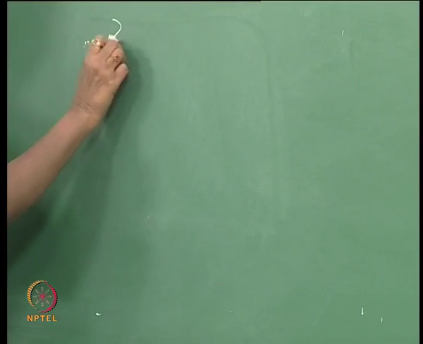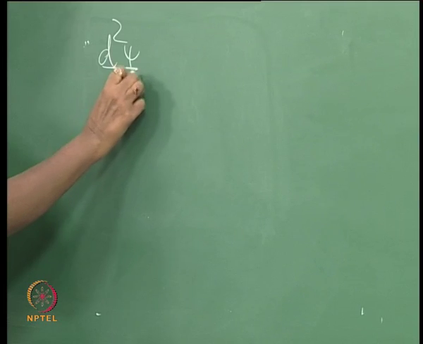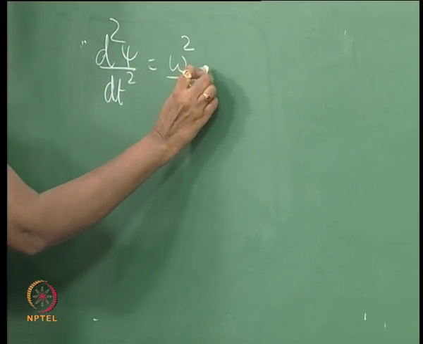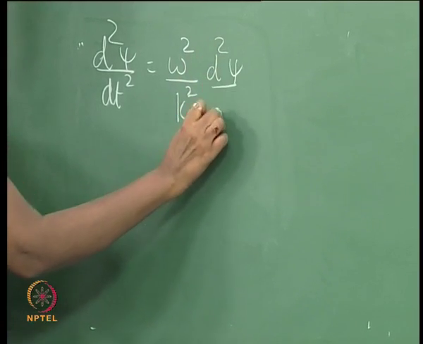So d2 psi by dt squared is omega squared by k squared times d2 psi by dx squared.